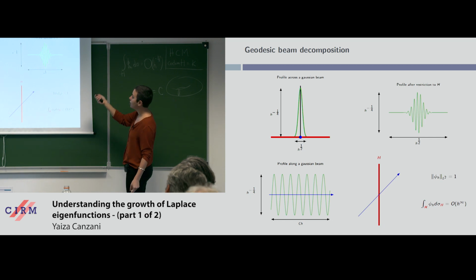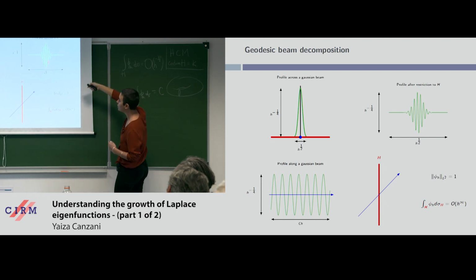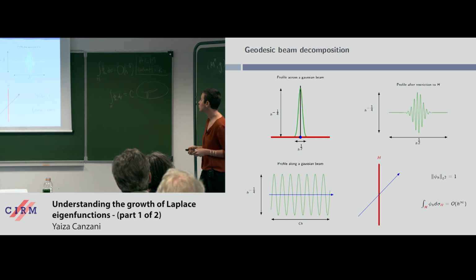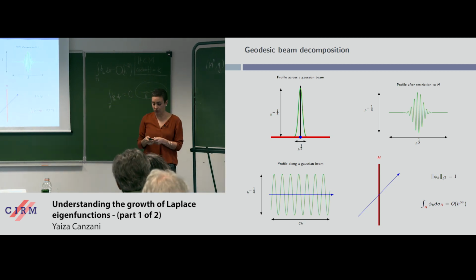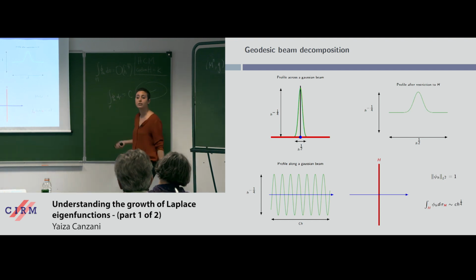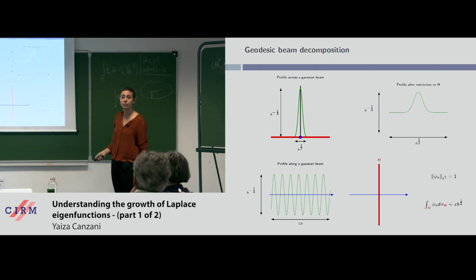This is the profile of the restriction of the geodesic beam that you're running along this blue direction when you project it to H. You get these cancellations. All these things add up to 0, and you don't get anything. So if you want to saturate this constant upper bound, this is not the way to go. You have to place your beams so that they are orthogonal to H. And then at least you are going to pick up whatever mass you have under this loop.